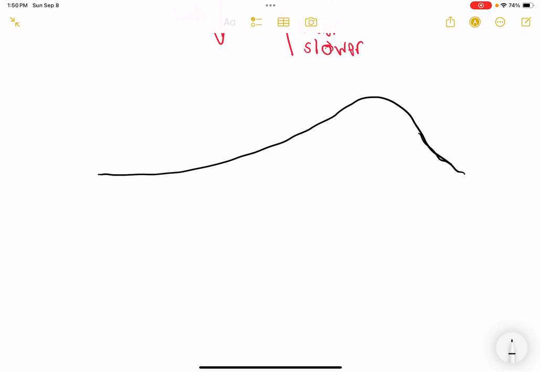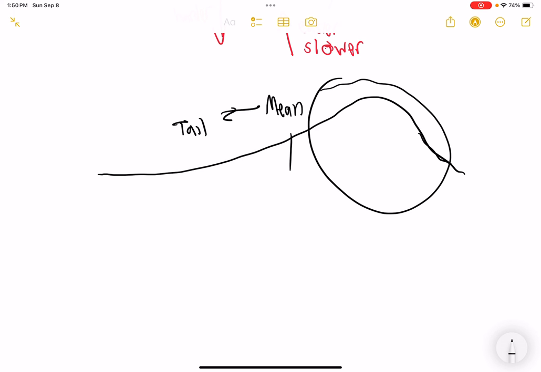So there we go. So this left skewed graph here. Remember that the mean follows the tail of the skew. The mean follows the tail of the skew, which means the majority of values sit on the other side of the mean.